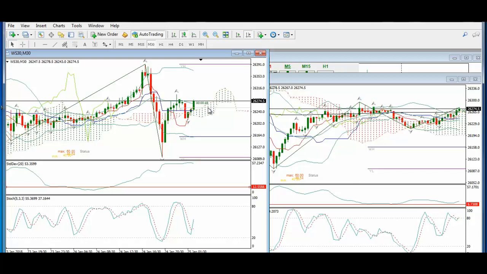They know for sure that they have some statistical analysis of where most people put their stop losses or take profits or something like that.